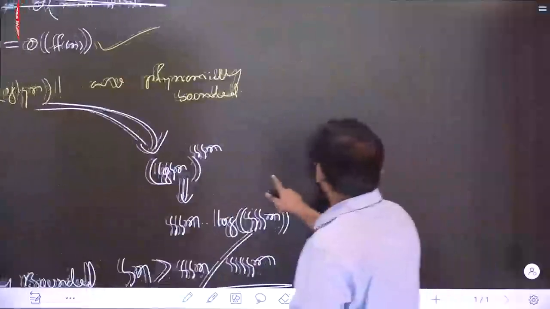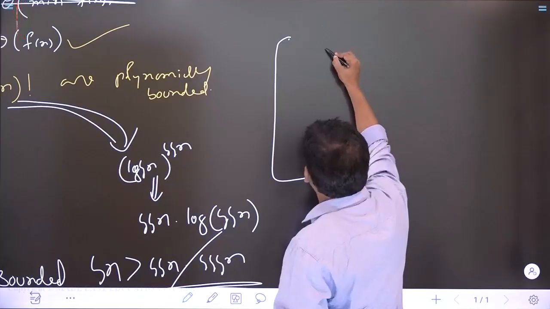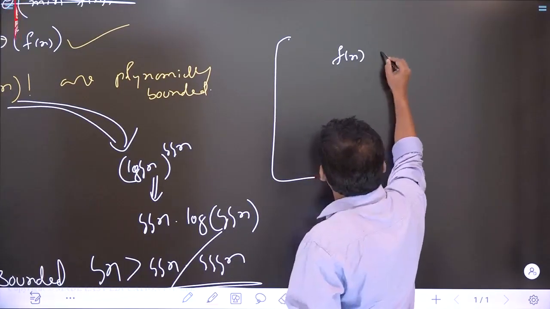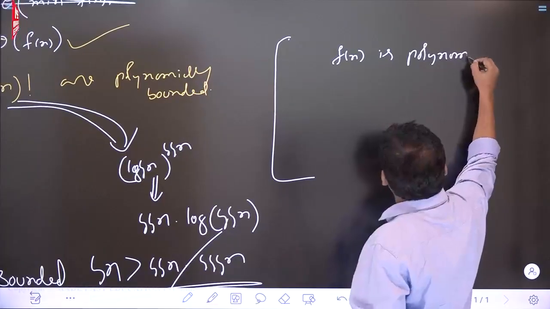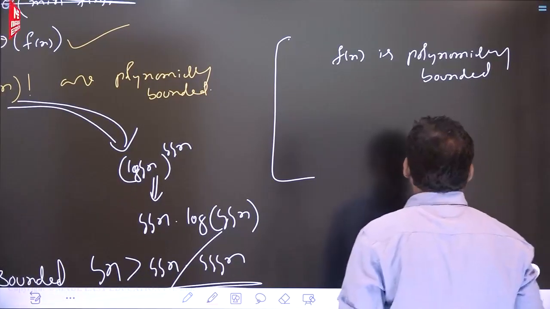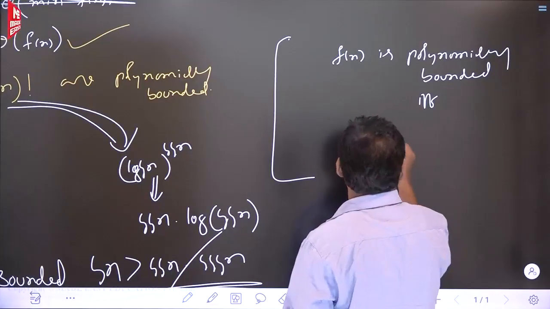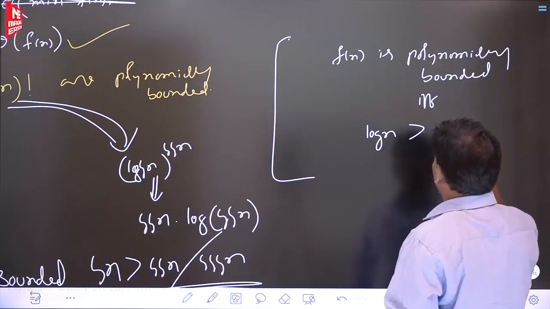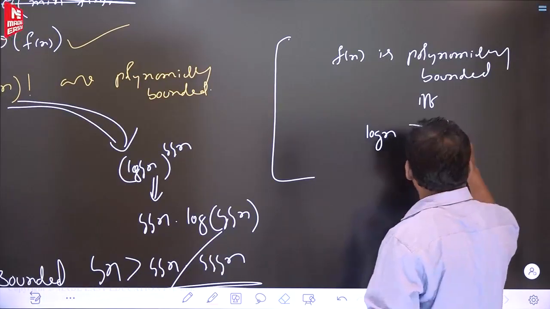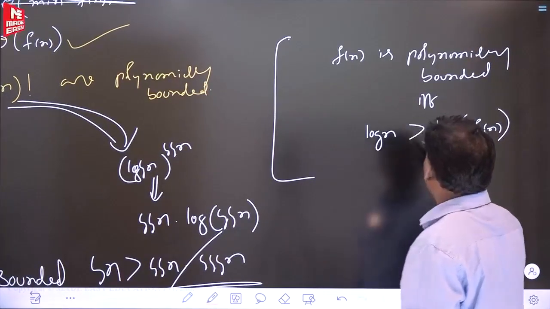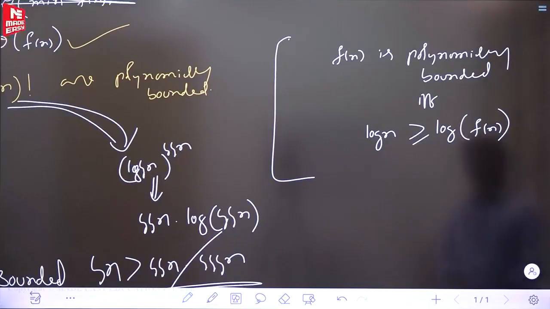If anyone still has doubt, let me clarify. Mostly everyone knows this; only for namesake I am writing. f(n) is polynomially bounded if and only if log n is greater than or equal to log of f(n).